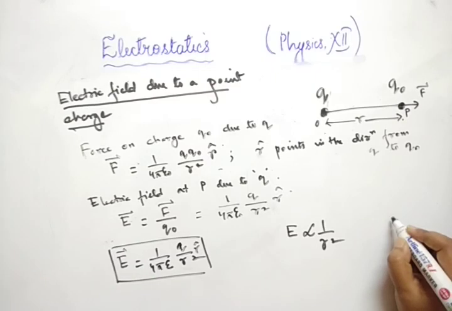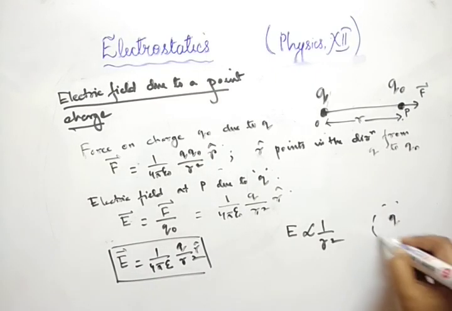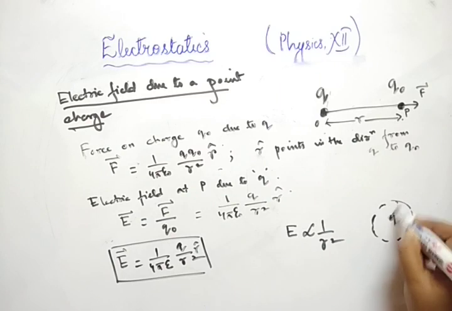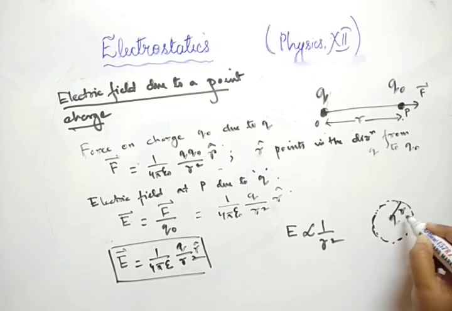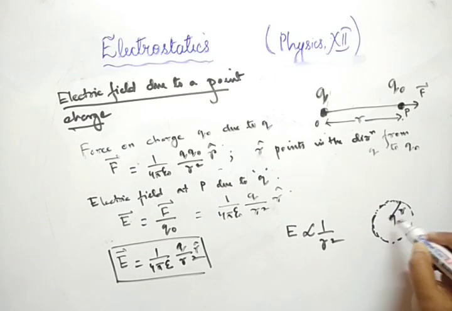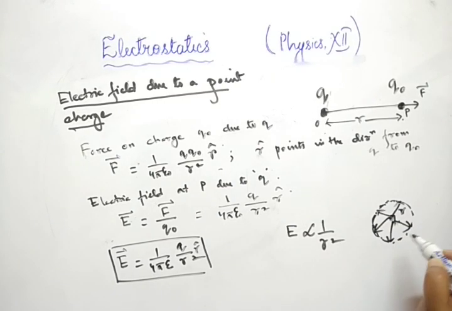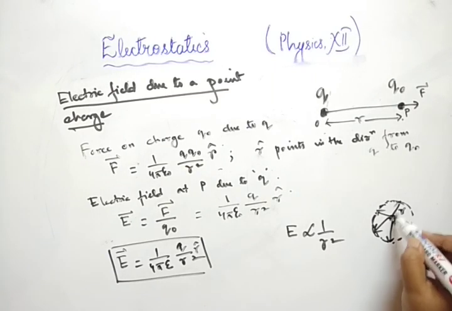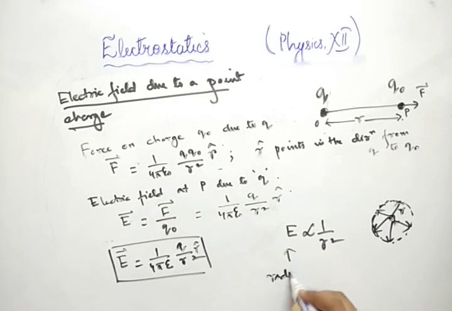It means that if a charge is here, and around it, suppose this is a distance of radius R, if you take this locus, all these points are at a distance R from Q, so at this distance it will exert the same electric field in all directions. In this locus the electric field is the same, which signifies a radial field.